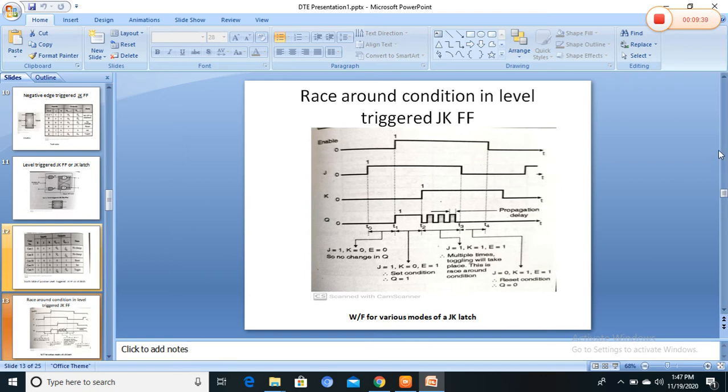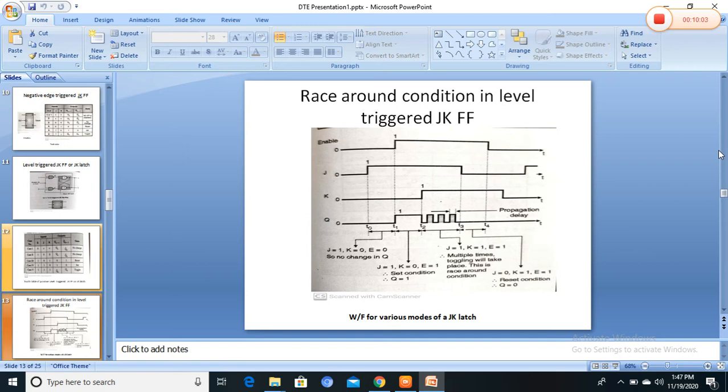Between T2 and T3, there is a propagation delay between the changes, giving multiple times of toggling. If the clock pulse is applied to the JK flip-flop to change its output only once, then J and K equal to 1 can be allowed as the toggle condition.